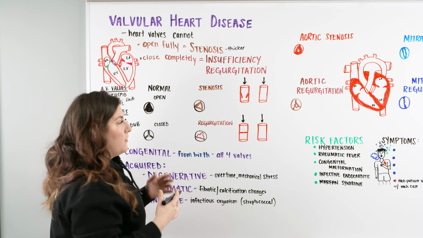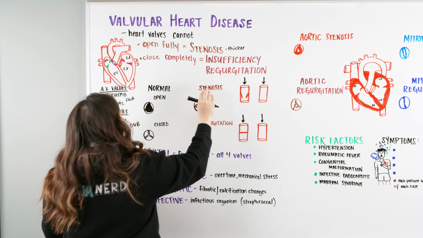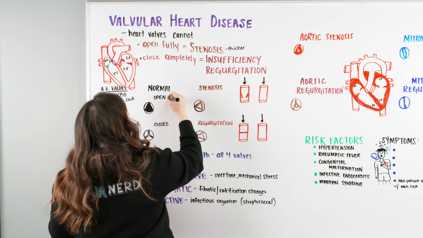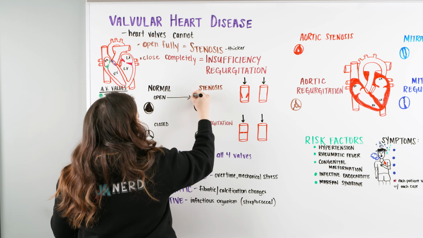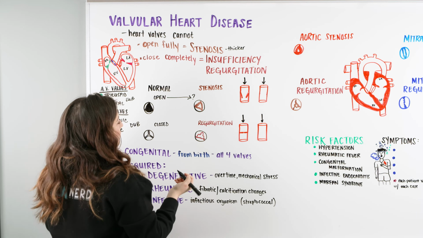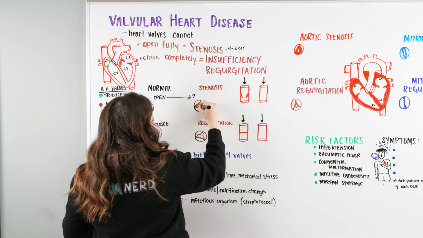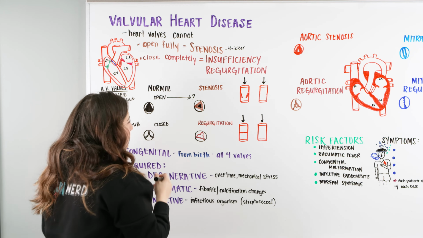But then we have a valve over here that has stenosis. When we talk about stenosis, remember, we're talking about the opening. Is this valve opening properly? We're going to say no. Why? You can see here this lumen isn't as big, and the valve is looking stiff and thicker.